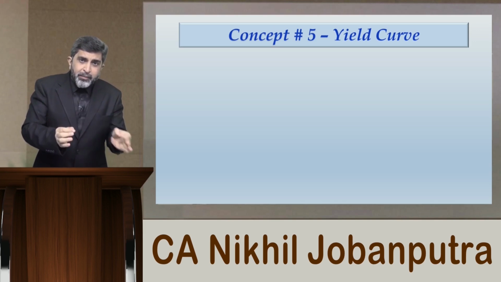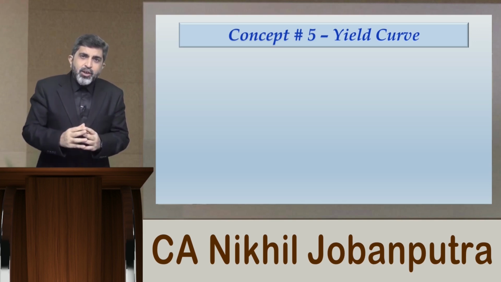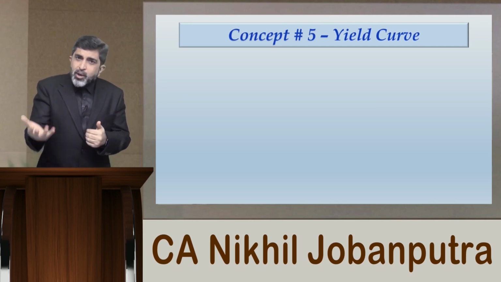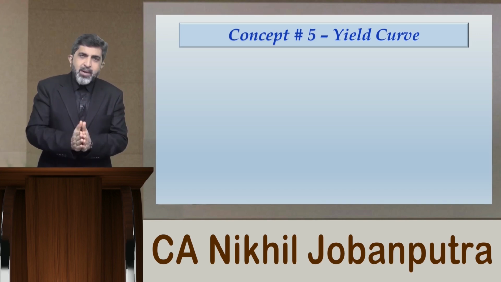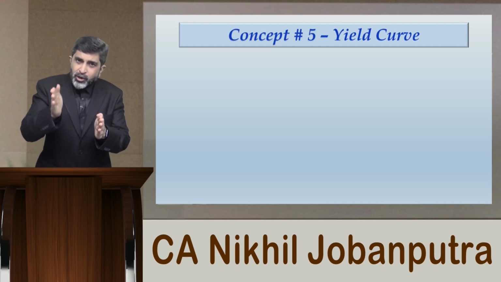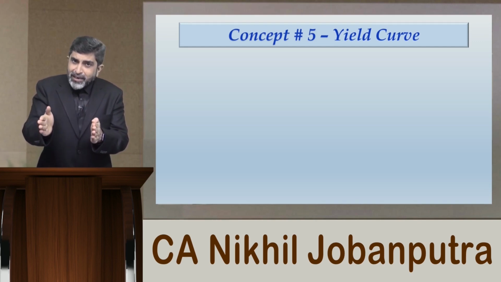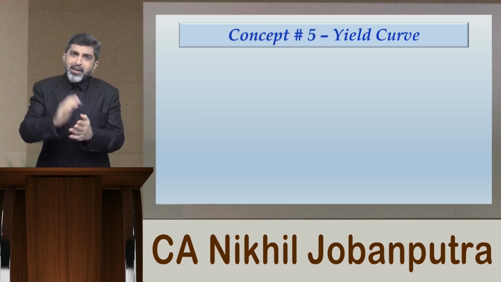So instead of 7%, if it was 7.2% or 7.3%, your risk to a certain extent gets compensated because of the greater yield of that bond. So generally in the bond market, the nearer the maturity of the bond, the lower will be the yield of the bond. The longer the maturity of the bond, the little higher will be the yield of that bond.